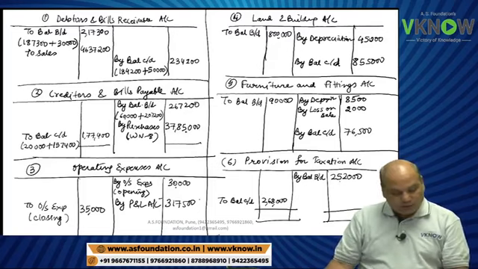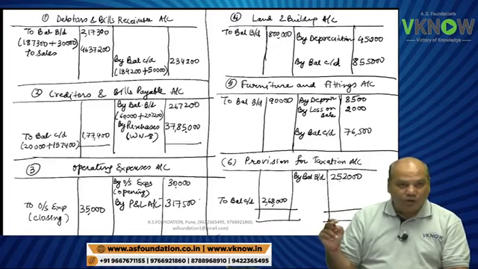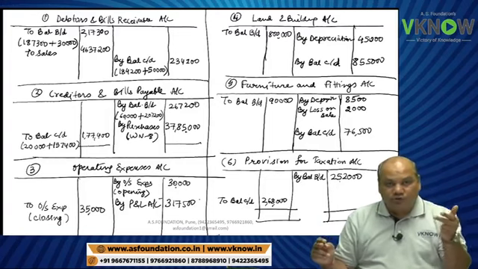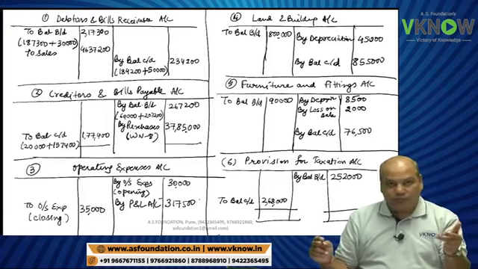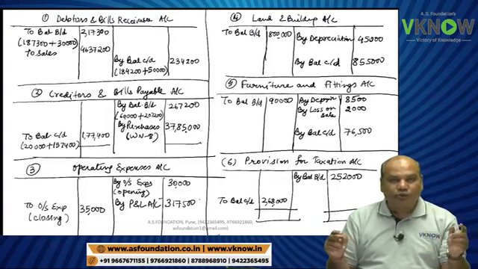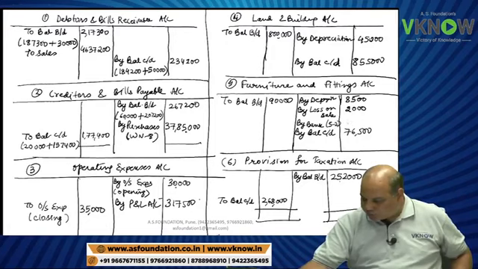Wait a minute. There is a point number B in your question. Book value of the furniture sold was 5,000. Loss is 2,000. So sale value by bank is 5,000 minus 2,000, 3,000.